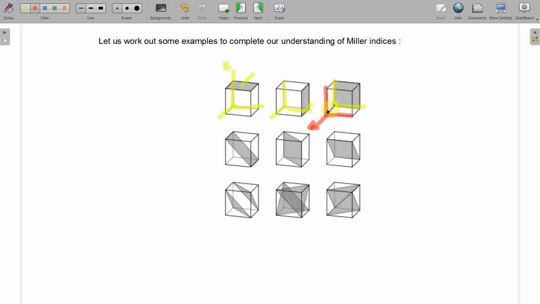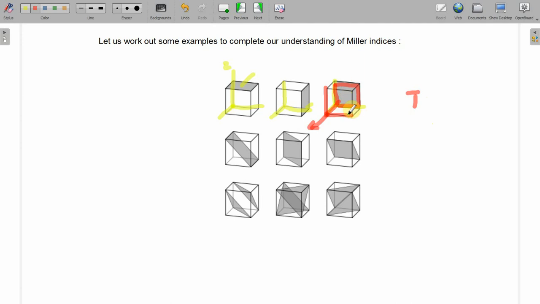That means this plane is intercepting the negative x axis at 1 unit, right. That means the coordinate for this is -1, which is generally represented as 1 bar.